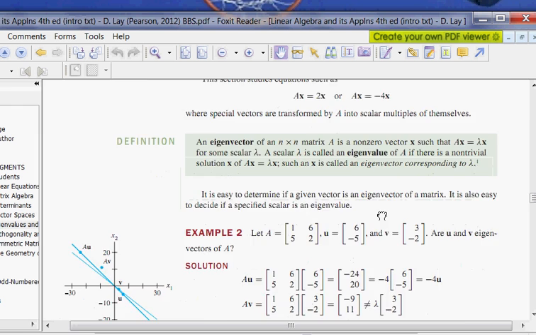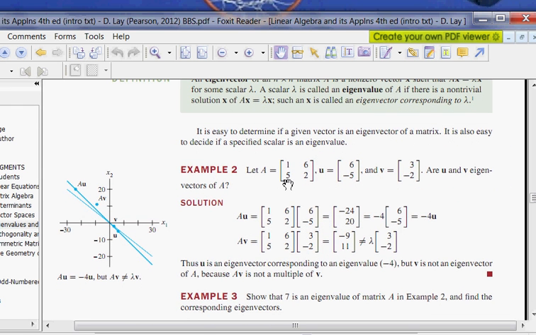So move on to example 2. You have your A, you have your U vector, your V vector. Are they eigenvectors of A? You multiply A and U together. You see that the result is a scalar, minus 4, times the original vector, 6 minus 5.